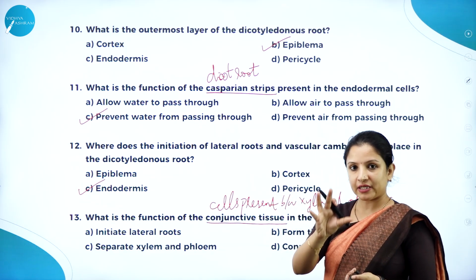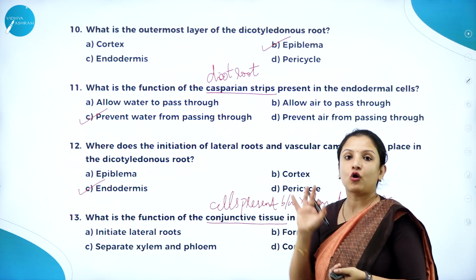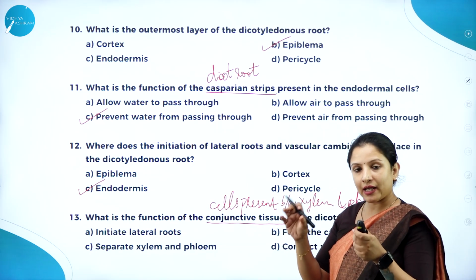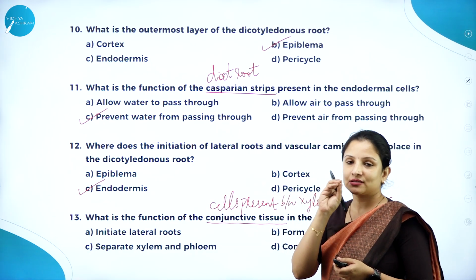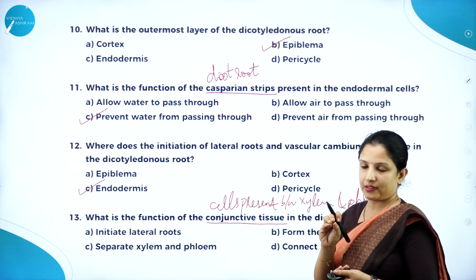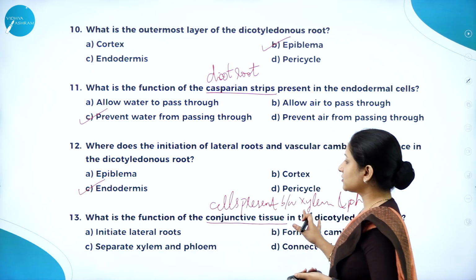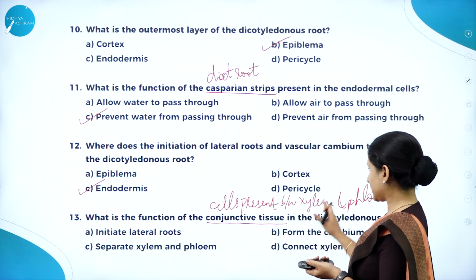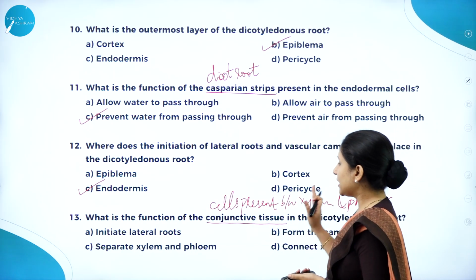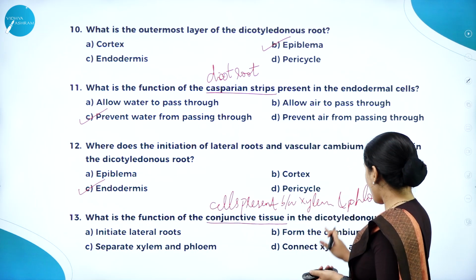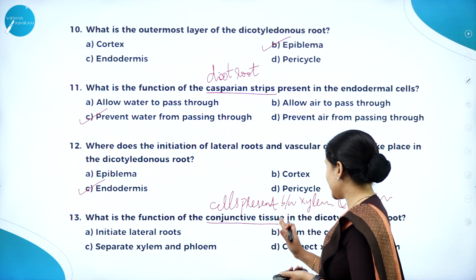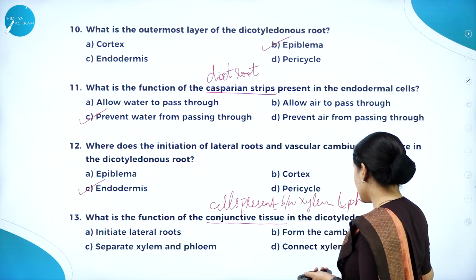Wherein one patch of xylem and phloem will be arranged alternately. In between those two, there are some parenchyma cells, and they are together called conjunctive tissue. Now, what is the question here? What is the function of the conjunctive tissue in the dicotyledonous root? Initiate lateral roots, form the cambium ring, separate xylem and phloem, connect xylem and phloem.